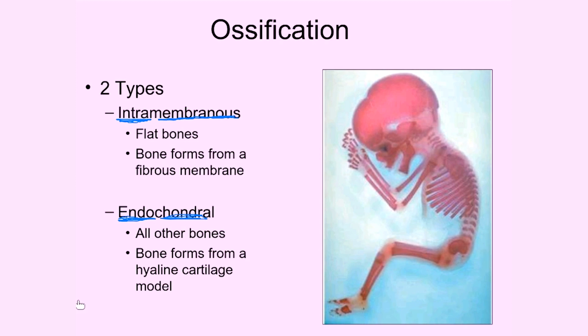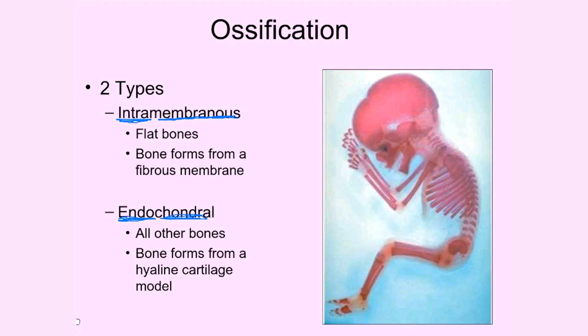So that's the process for endochondral ossification. It's the primary mechanism by which the other bones, besides flat bones, are actually formed. And in this particular type of ossification, bones are forming from a hyaline cartilage model as opposed to from a membrane in the body.